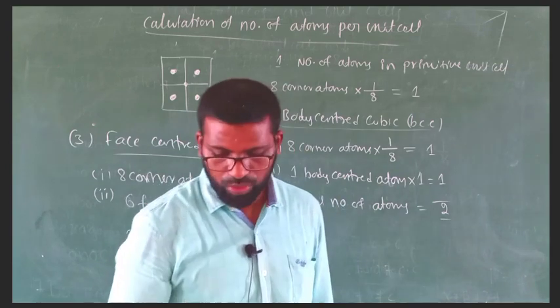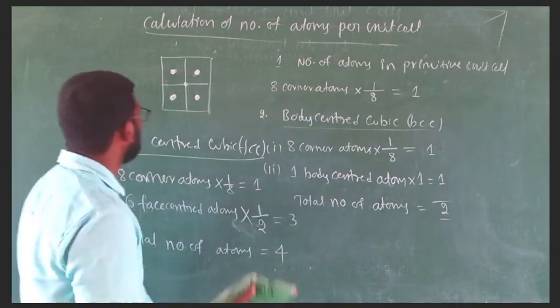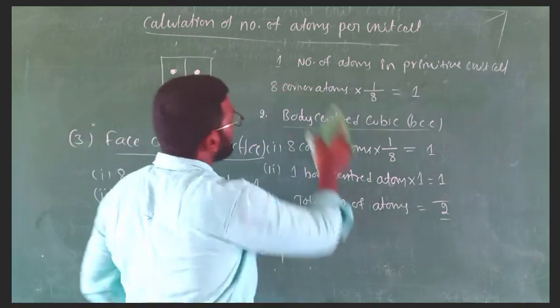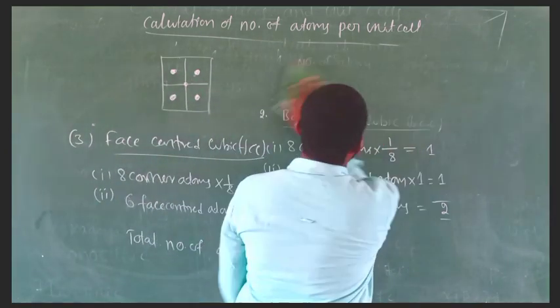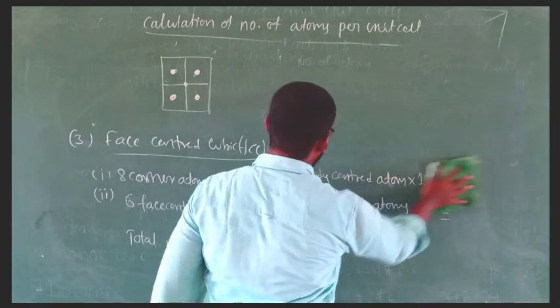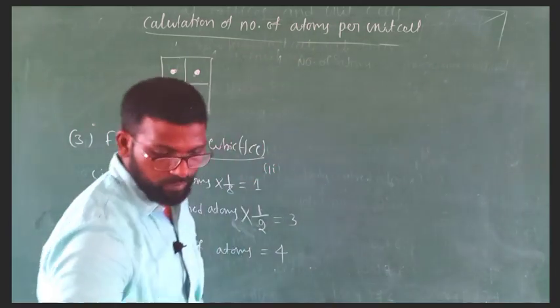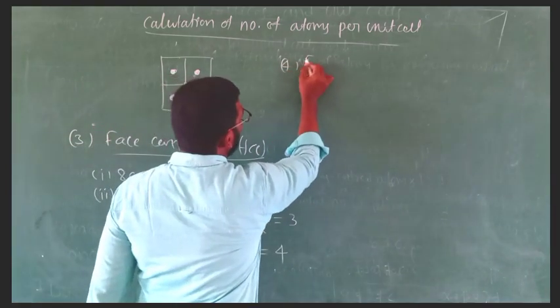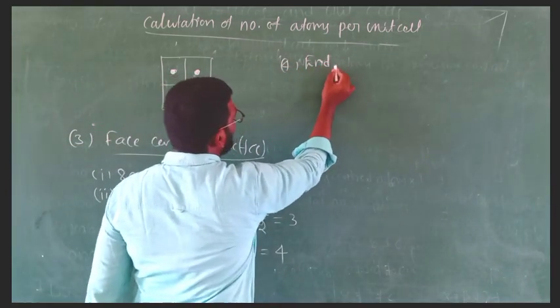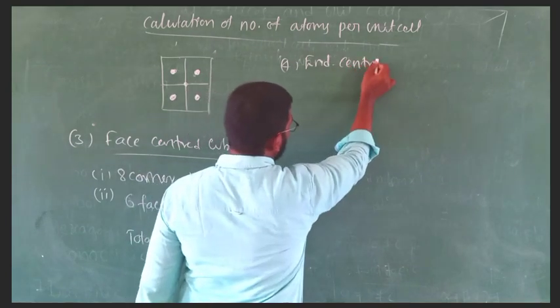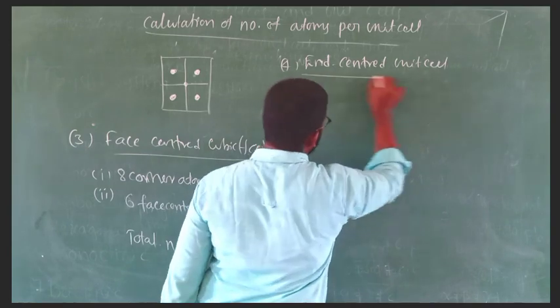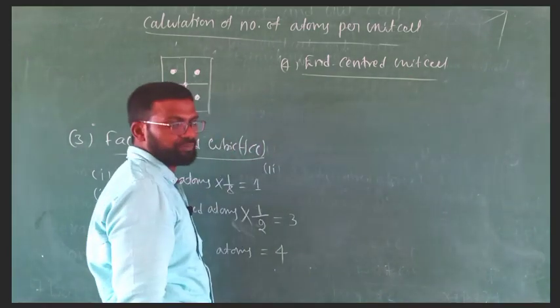What is the end-centered unit cell? Okay, I am erasing this. How will the end-centered unit cell be? Number of particles in the end-centered unit cell.